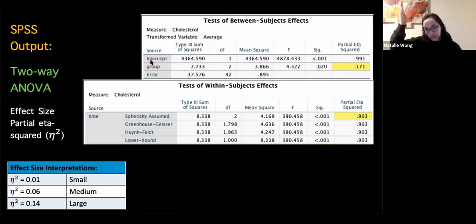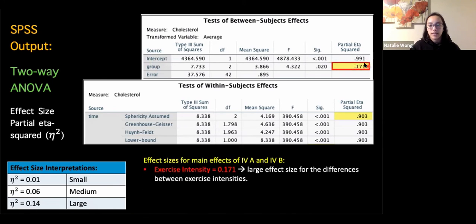So same thing here. For our between subject independent variable group, or the exercise intensity program that we gave people, there's a partial eta squared listed in the table. That would represent the effect size for the main effect of group. Okay, so we would interpret 0.171, compared to 0.14. That would be considered a large effect size for the differences between exercise intensities.